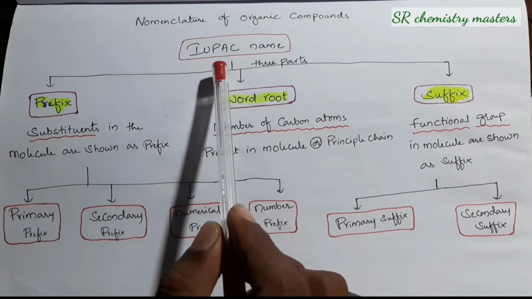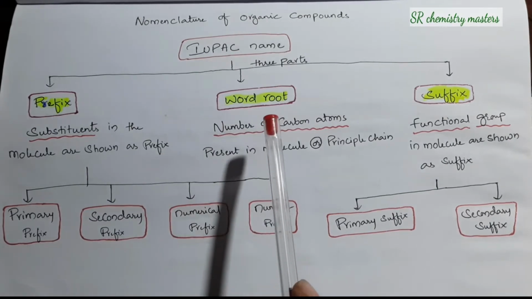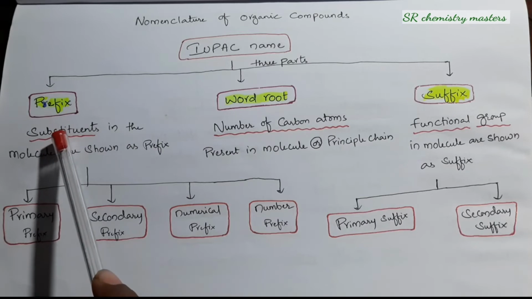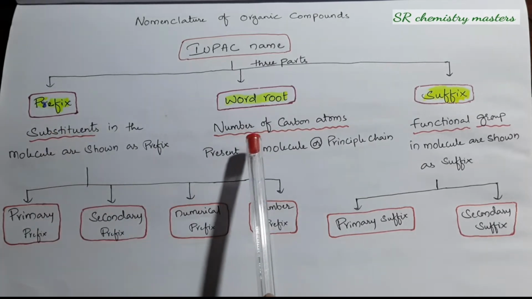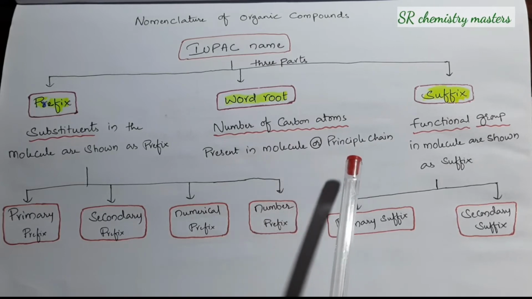Here, the IUPAC name of any compound includes three parts. The first part is the word root, the second is the suffix, and the third one is the prefix. Word root includes the number of carbon atoms present in a molecule or in the principal chain.